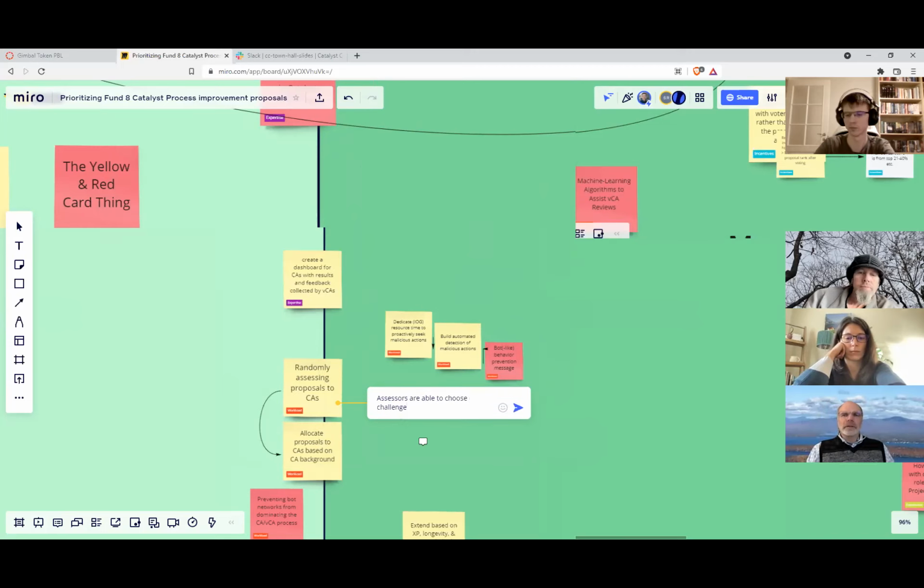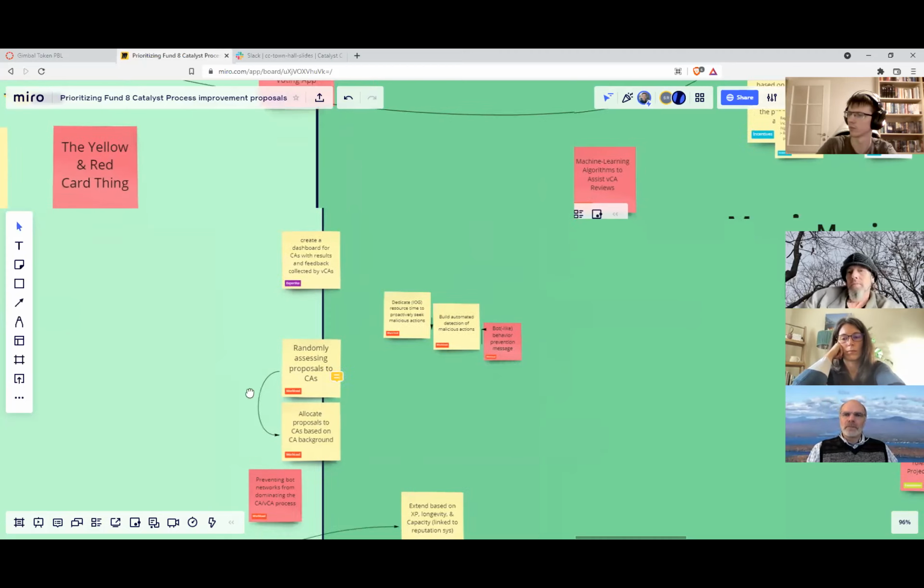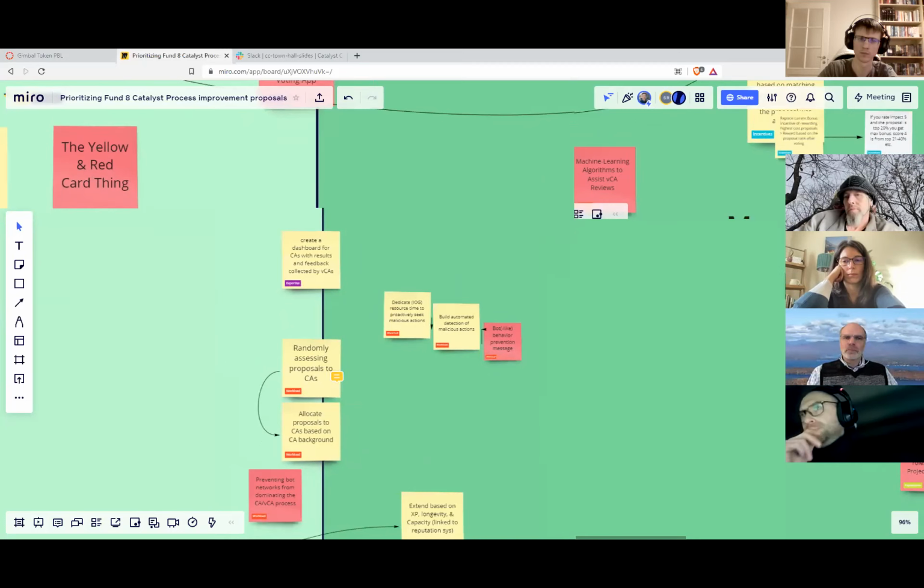Yeah, exactly. Very good. Tevo? This is going maybe a bit too far, but it's one of the things that certain companies do. I'm not quite sure whether it's ethical, but there are very advanced techniques and software out there to create networks of associations.